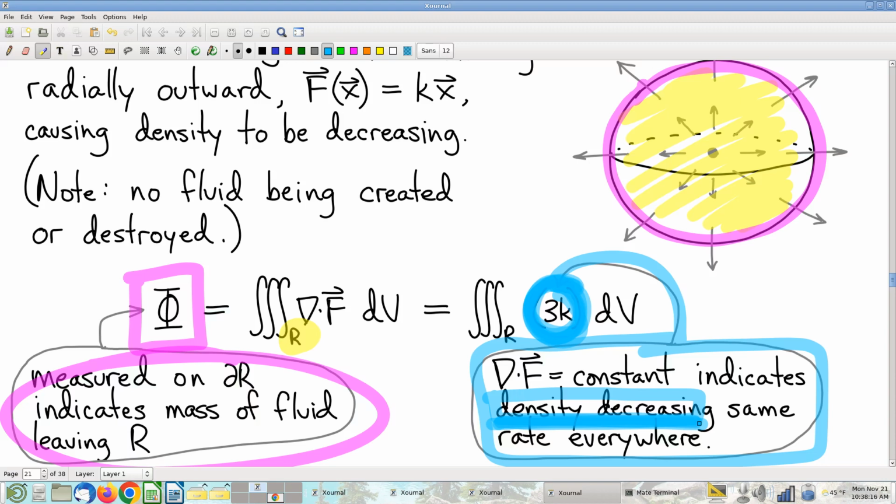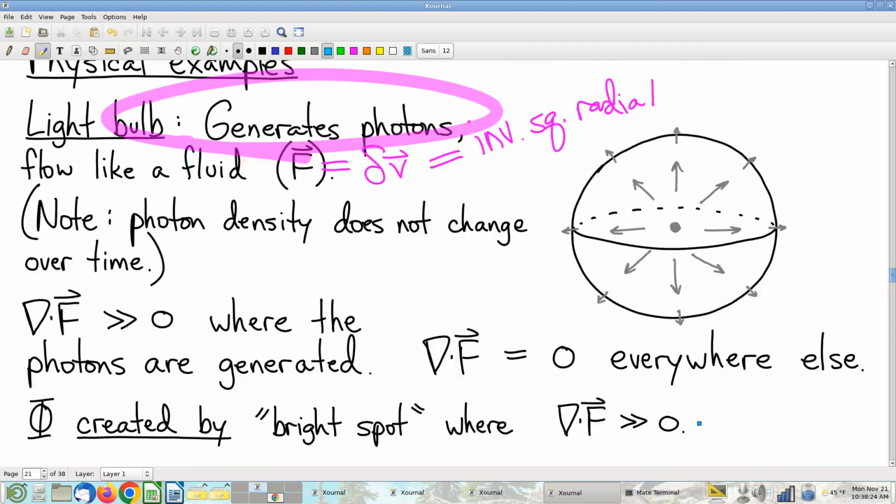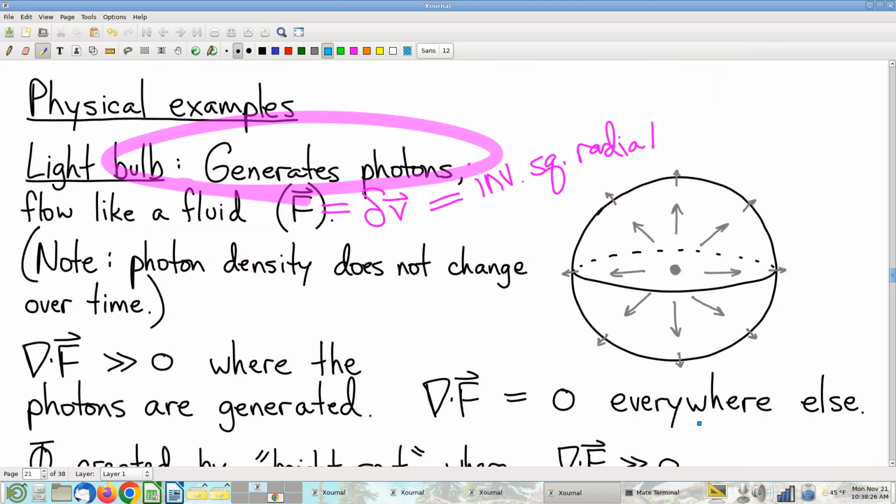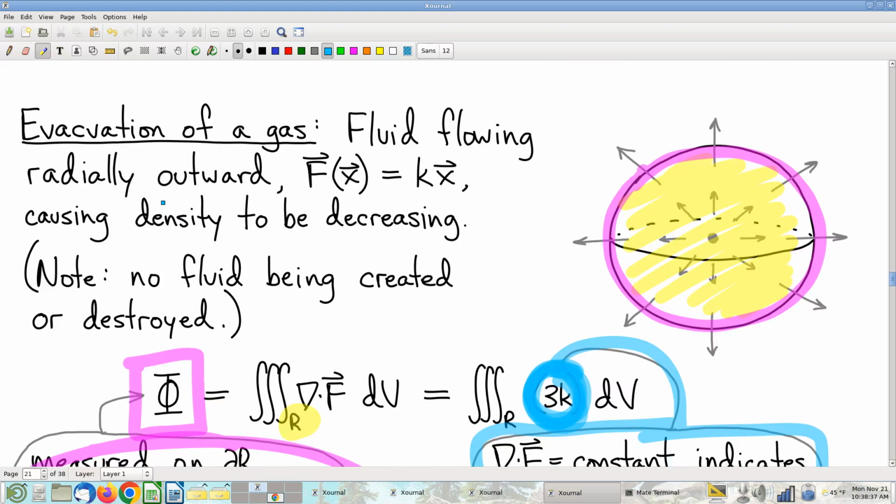So it's a very different physical metaphor, right, for divergence, and maybe it's relatable in a different way. You might like this one better, you might like that one better, but they're both physical examples of what divergence looks like in some sense. Okay. All right.